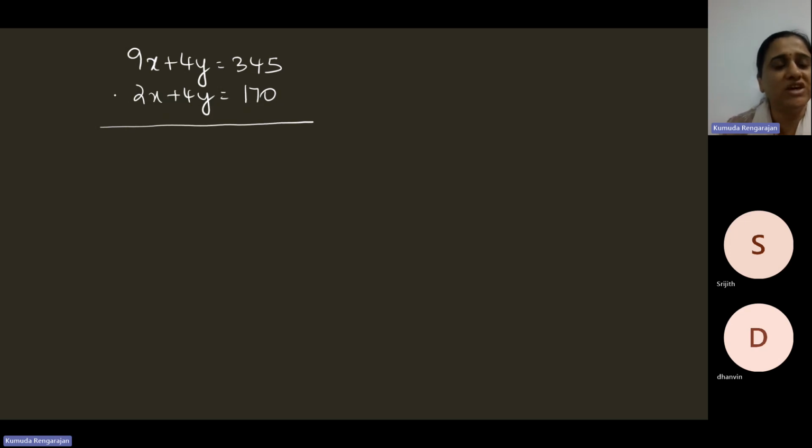For that, change the signs throughout in the second equation. Plus 2x becomes minus 2x. Plus 4y becomes minus 4y. Plus 170 becomes minus 170. Now what is 4y minus 4y? 0.